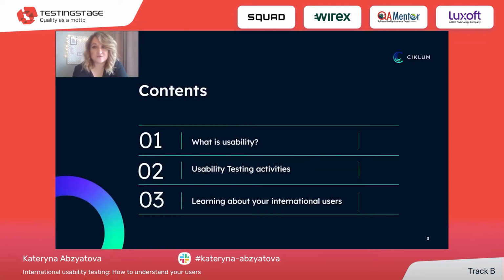So the purpose of my presentation is to explain why usability testing is important, especially when we have international users. I divided my presentation into several parts. First, we will talk about what usability is and the usability testing activities, going briefly through this section to be on the same page for everyone who may not be familiar with such techniques.